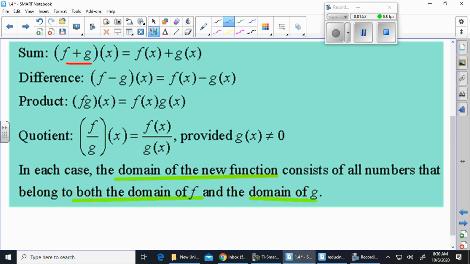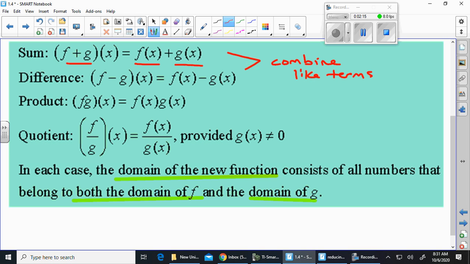Well, what does that mean? You take f of x, you take g of x, you add them. You can see either way. With sum and difference, what do we want to think? We are going to combine like terms. If you can't combine them, then you just put a plus sign between them.